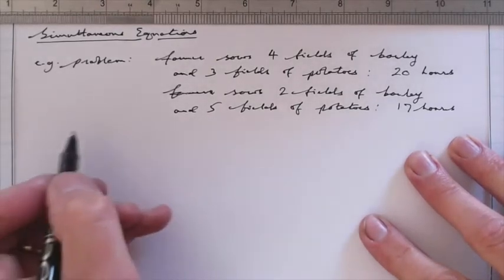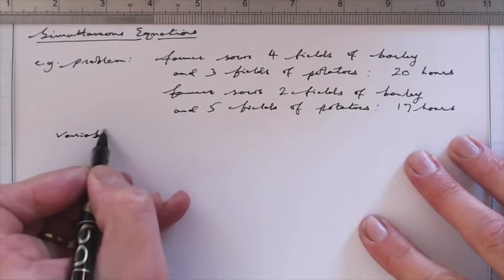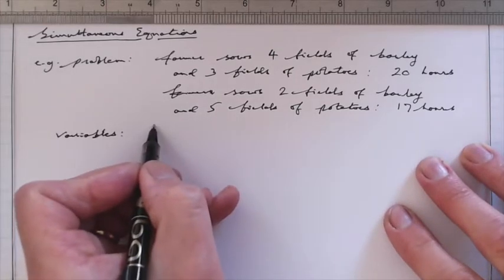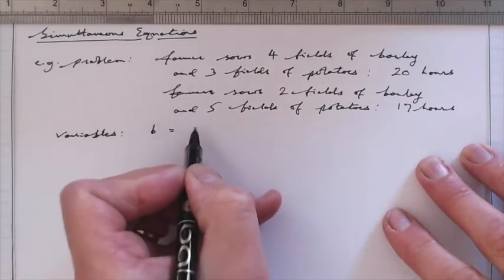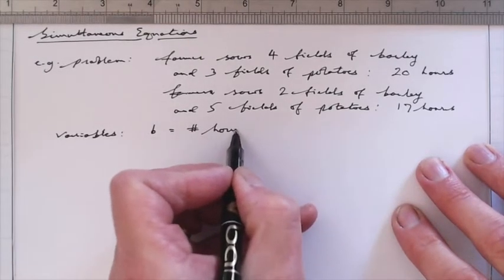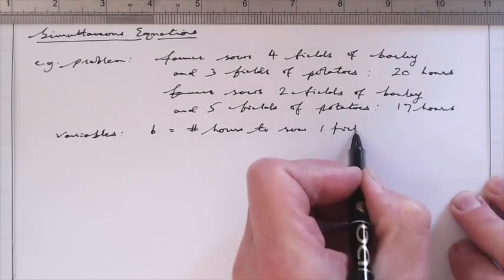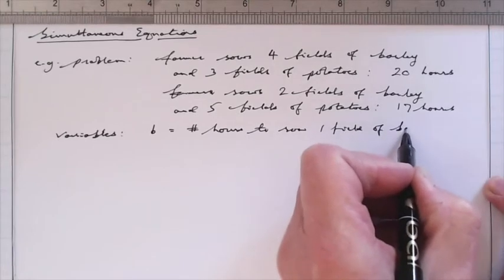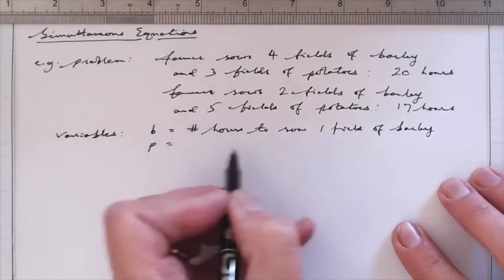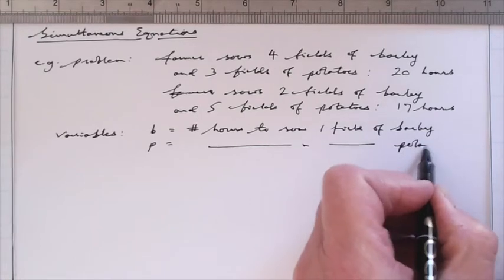So let's set up some variables. We don't have to use x and y, we can be a bit more inventive. Let's say that b is the number of hours to sow 1 field of barley, and let's say that p is the number of hours to sow 1 field of potatoes.